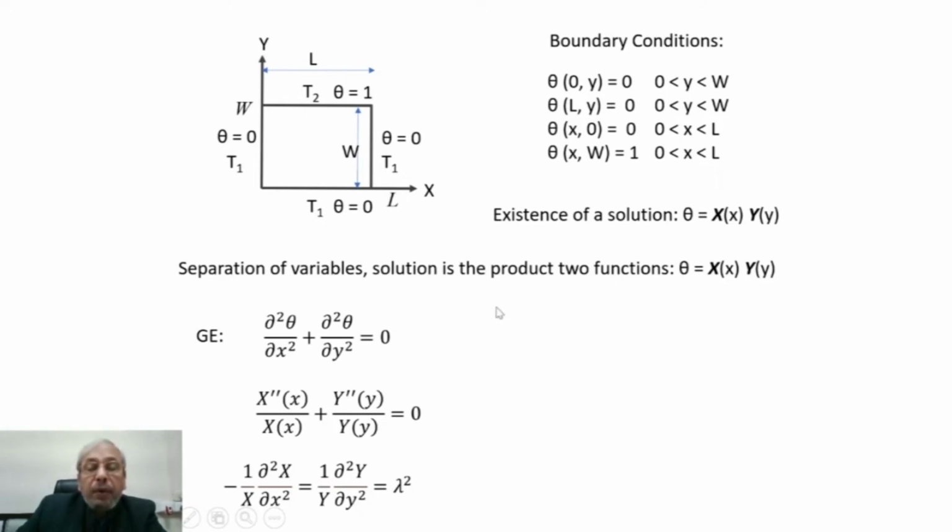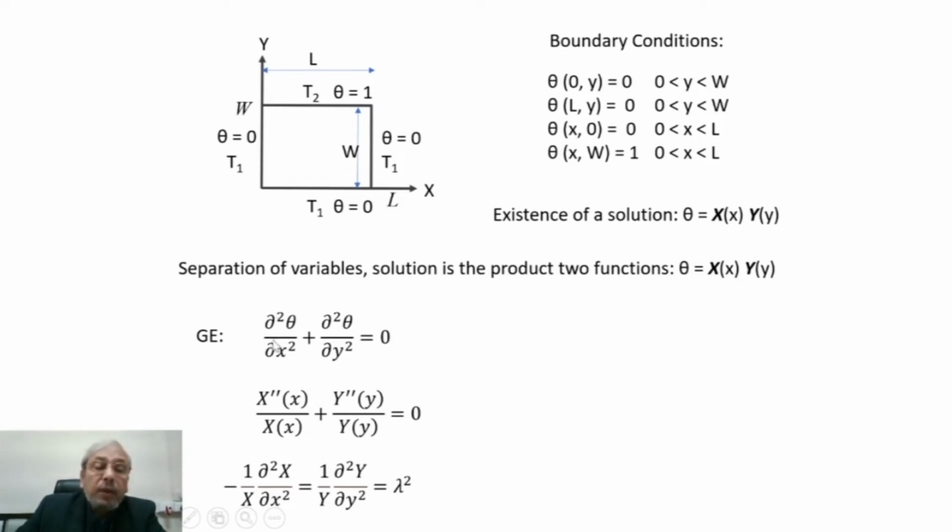So in dimensional form, del 2T del x2 plus del 2T del y2 equal to 0 is indicative of the temperature distribution on a domain. And if we non-dimensionalize it, in non-dimensional form we can write del 2 theta del x2 plus del 2 theta del y2 equal to 0. And theta is given by uppercase X into uppercase Y.